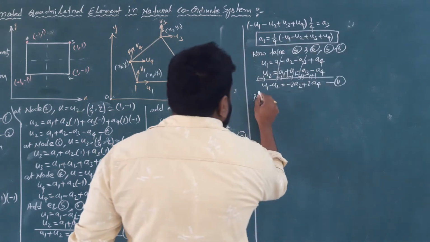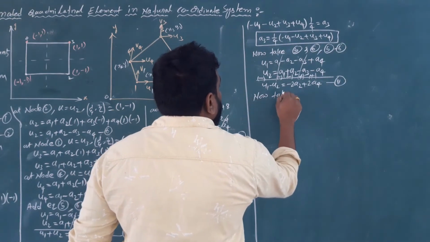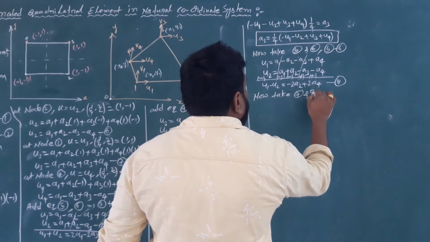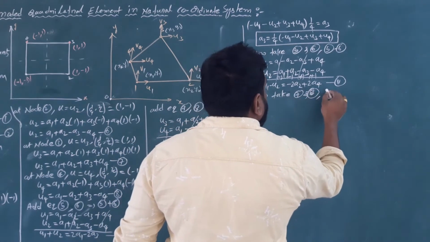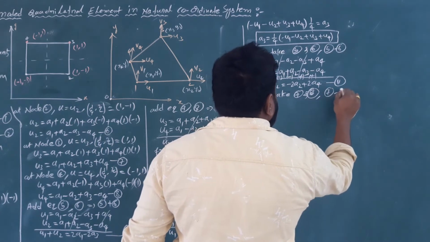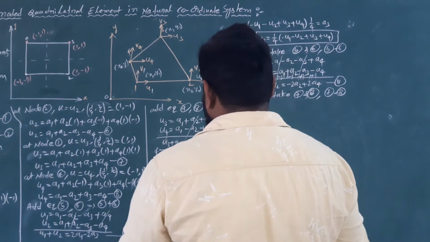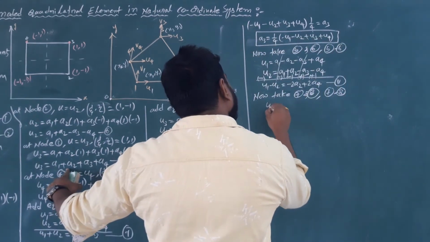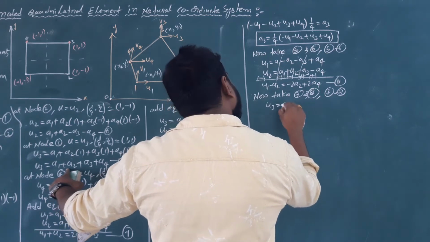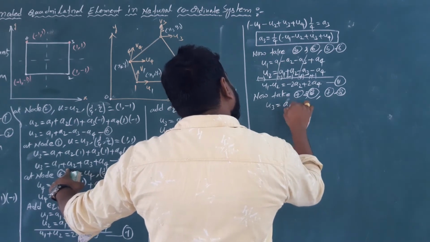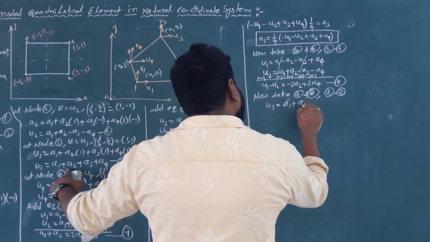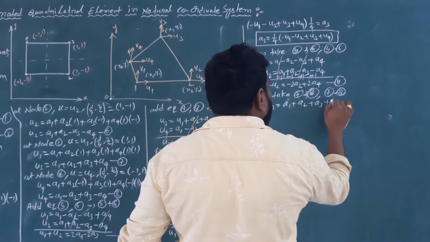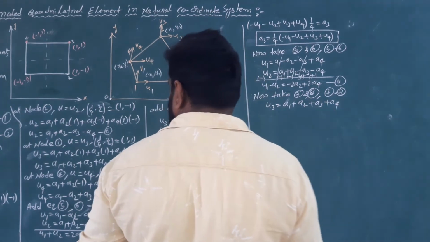Now take the 7 and 8 equations, that is subtract 7 minus 8. Okay, now write it. So the 7th equation is u3 equal to a1 plus a2 plus a3 plus a4. This is the 7th equation.